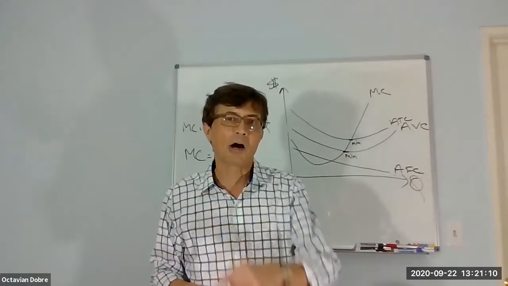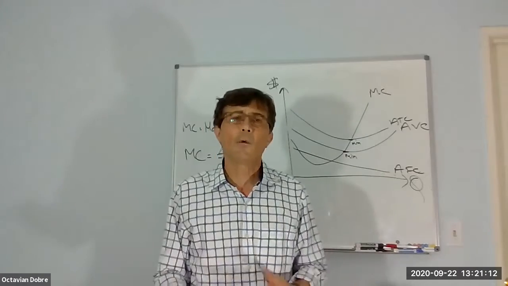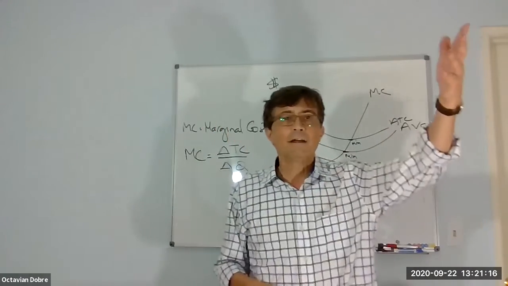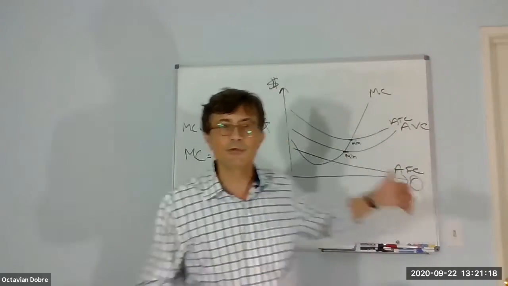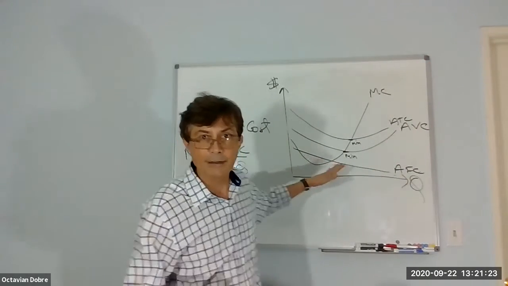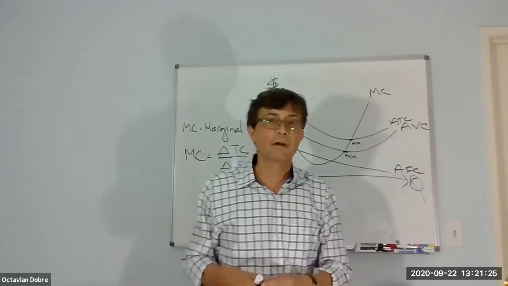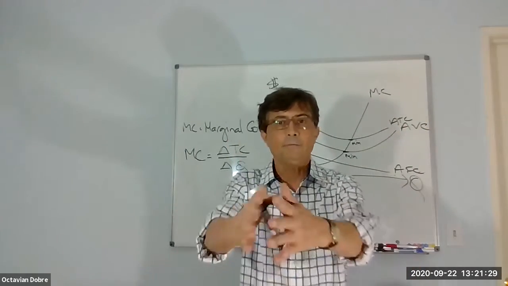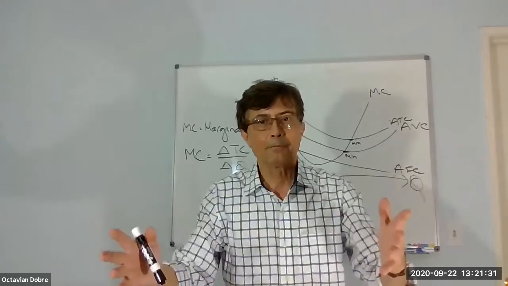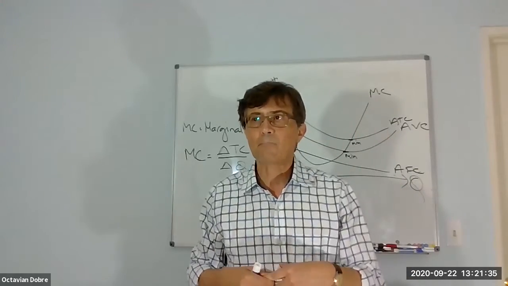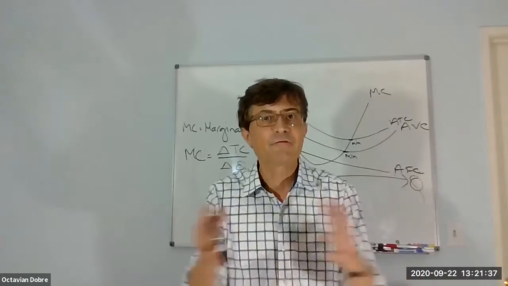So the marginal cost. Now, first of all, what is the explanation for those graphs? How come in the beginning, as we produce more and more, the costs seem to be going down and then they start going up? The reason is like this. Capital, the amount of space that you have, is fixed.